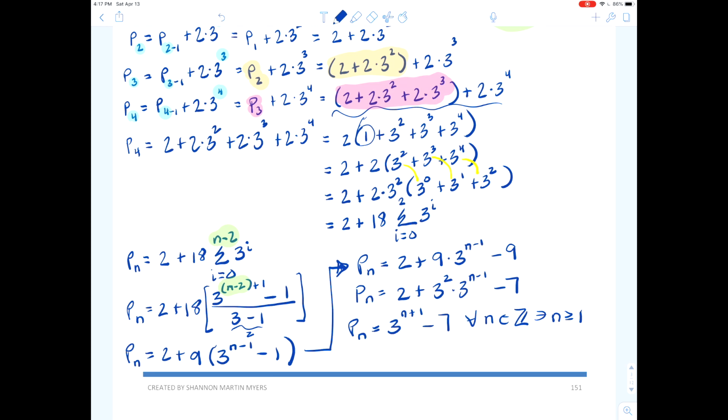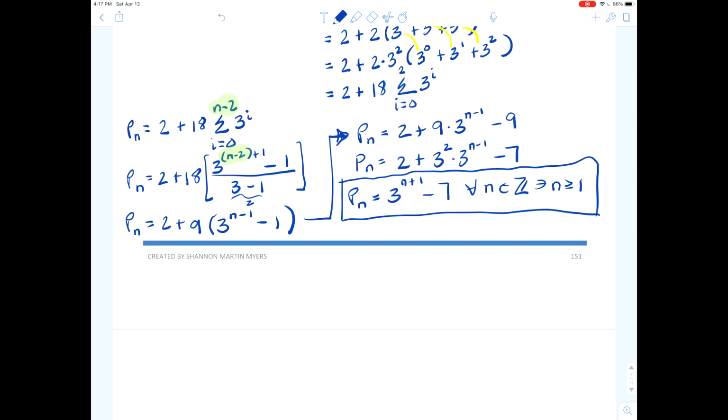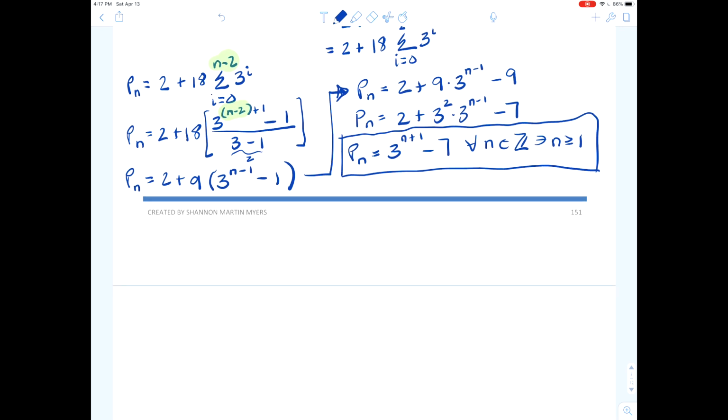So now we need to prove it. Good so far? So that was our plan here. And now we need to prove that it's true. So we'll use mathematical induction, right? And so here we go.